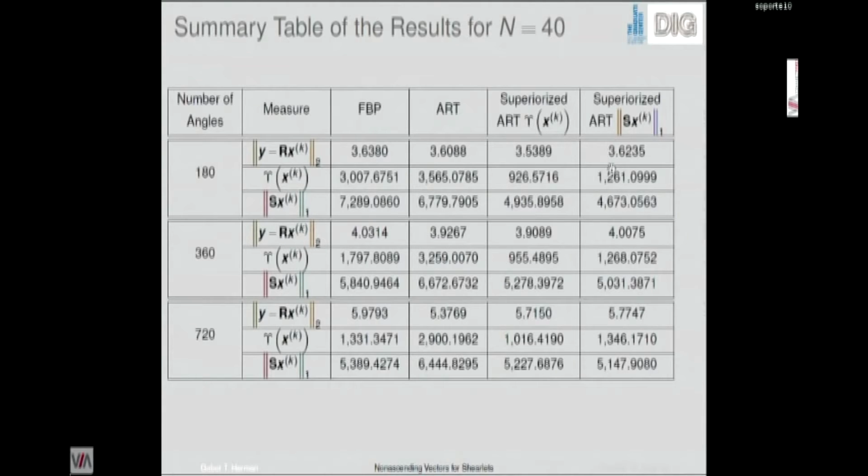The L1 norm of the Shearlet transform, if you're superiorizing for that, is smaller than it is for TV. So that's one way of solving the puzzlement. Of course, that's an expensive way, because that means that you have to run that inner loop 40 times for each one of the feasibility steps.